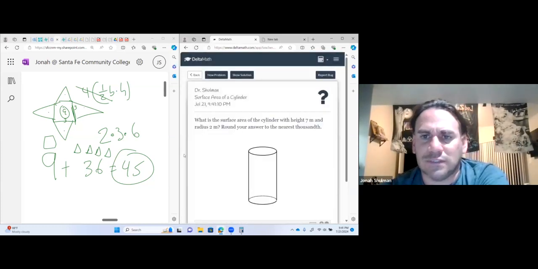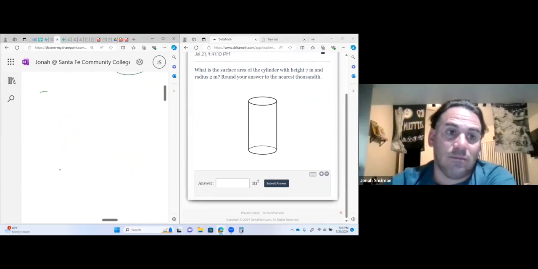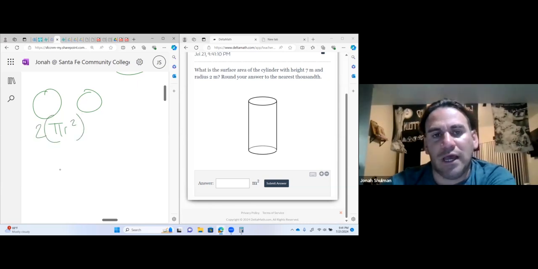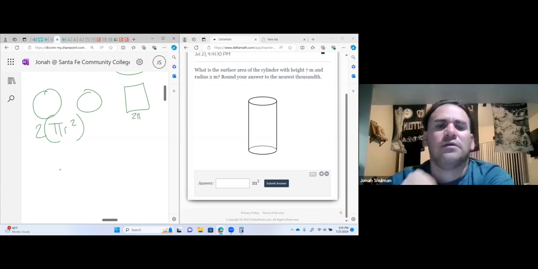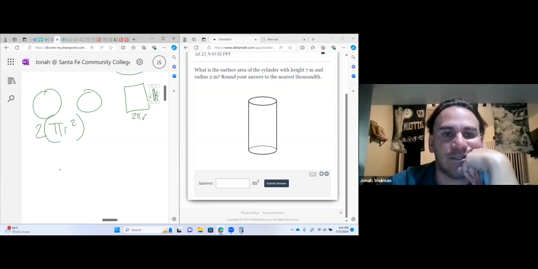Now I got surface area of a cylinder. So I'm not going to mess this up. 2 circles, so it's pi r squared, but there's 2 of them. Then we have the rectangle, which is 2 pi r times h, and we add that together.